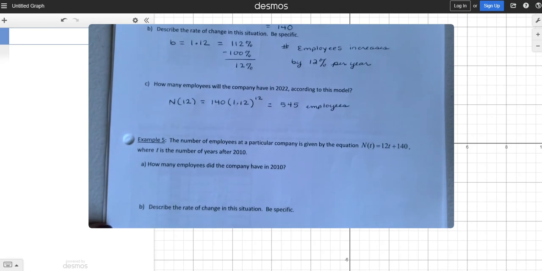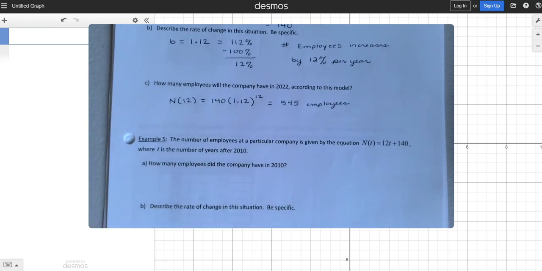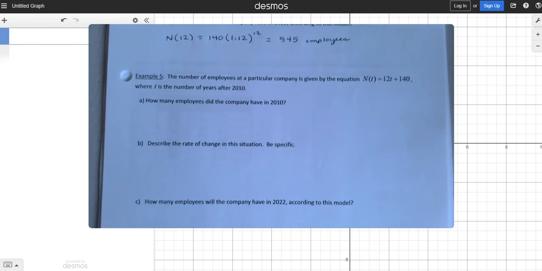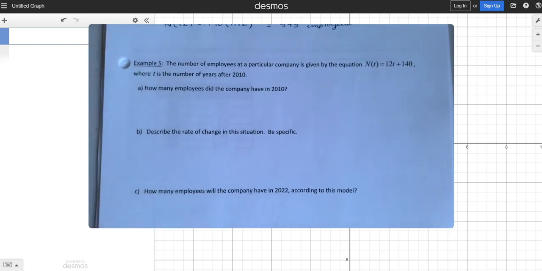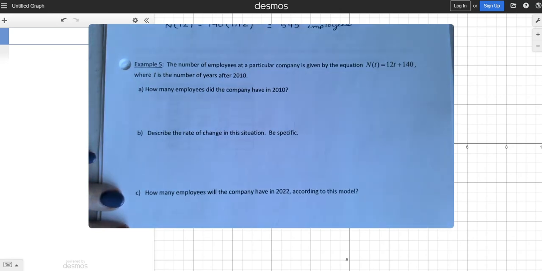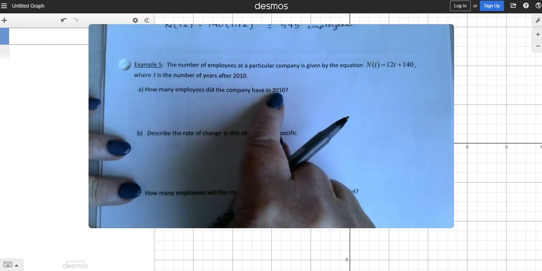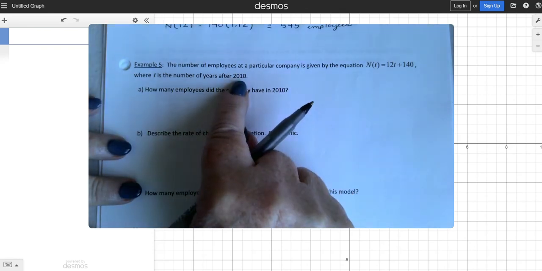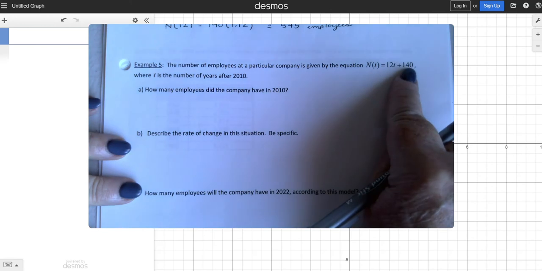Right. Once again, just for compare and contrast, a similar situation. We've got an equation giving us the number of employees at a particular company, but notice this time it's a linear function. So we start by saying how many employees did the company have in 2010? Since that's our starting year, that would be our y-intercept, or 140.